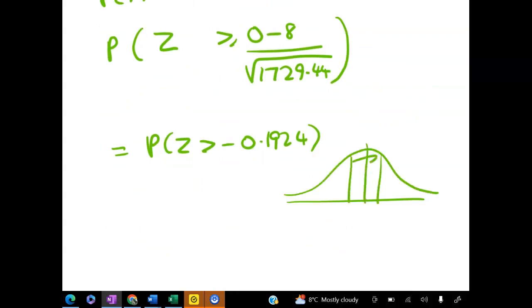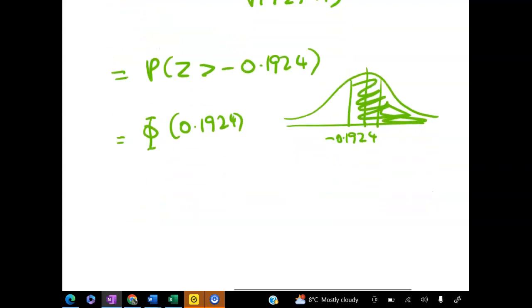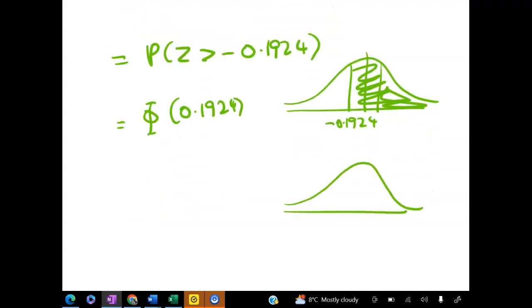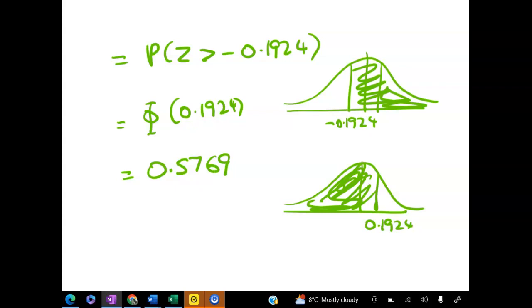If I want this area here, negative 0.1924, that is the same as phi of 0.1924. All right, so just using the symmetry of the graph, here's what I get here. There's 0.1924. I'm going to work backwards like that. Okay, and then we get 0.5769 for our final answer.